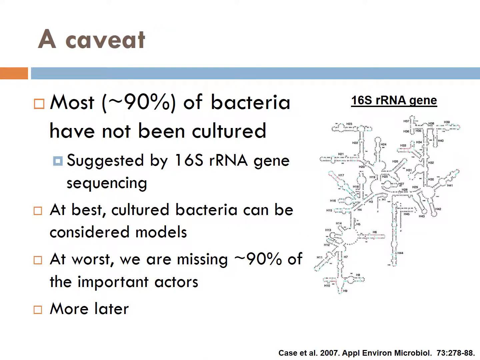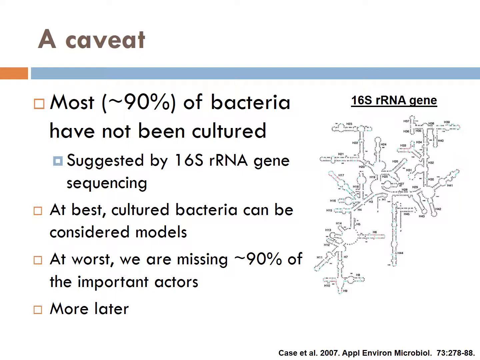And one last caveat. Most bacteria, 90% or so, have not been cultured. This is suggested by 16S rRNA gene sequencing. When we take a sample of rumen fluid, we extract DNA, and we sequence the 16S rRNA gene directly. Only about 10% of the sequences match those of cultured bacteria.